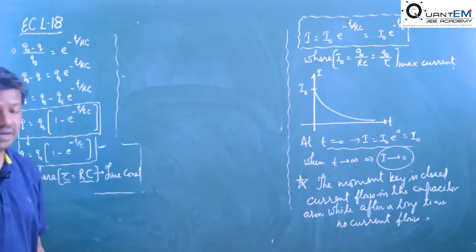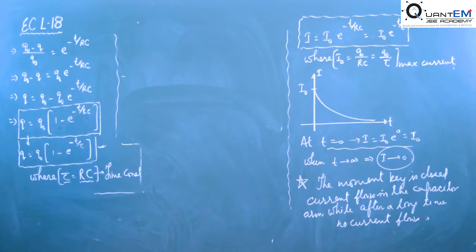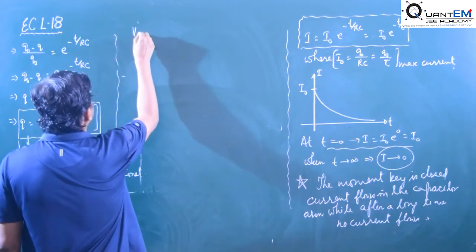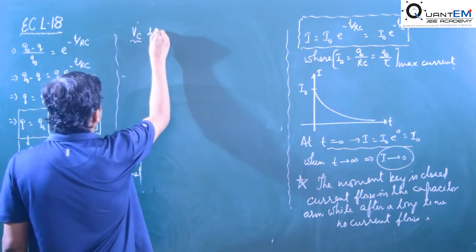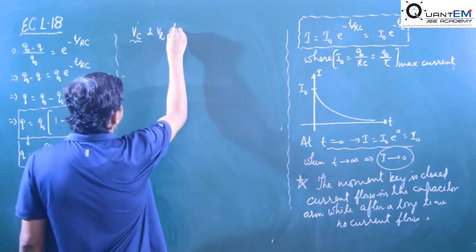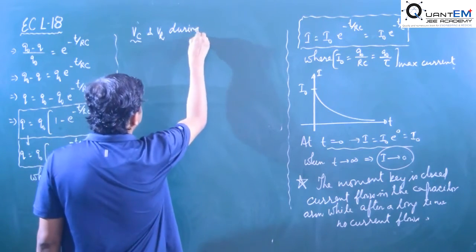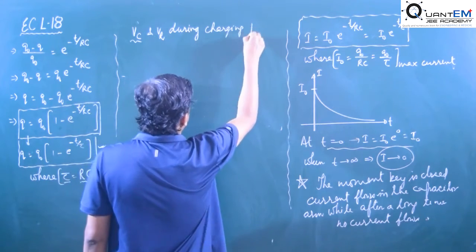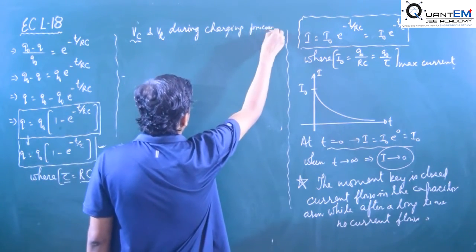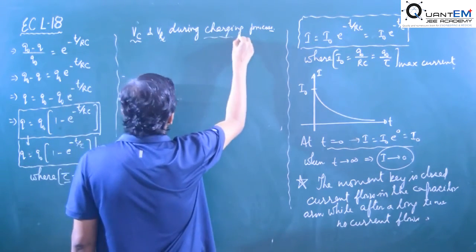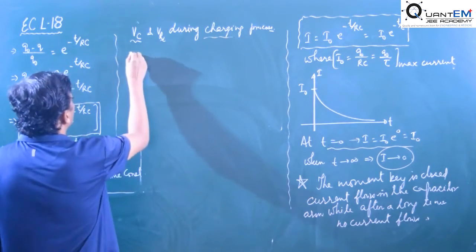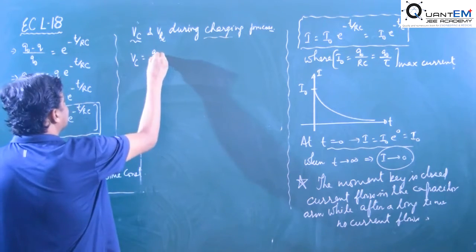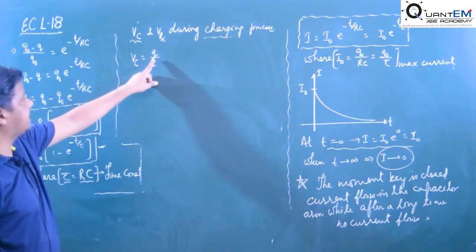Now we have to get the potential drop across the capacitor and resistor during the charging process. VC is the potential drop across the capacitor, and VR across the resistor. So what is VC? It is Q by C, where Q is the charge across the capacitor at any time t.